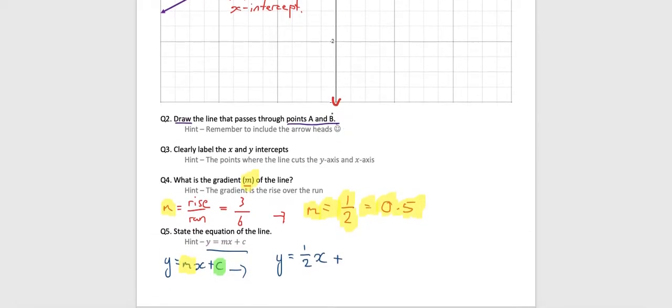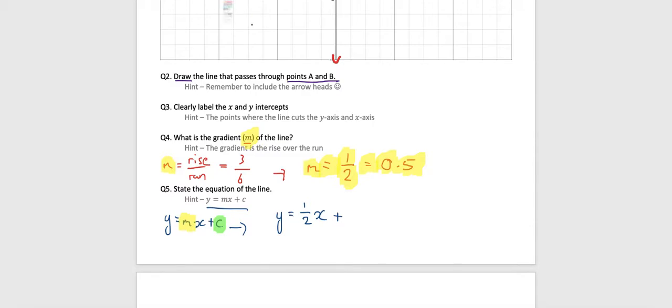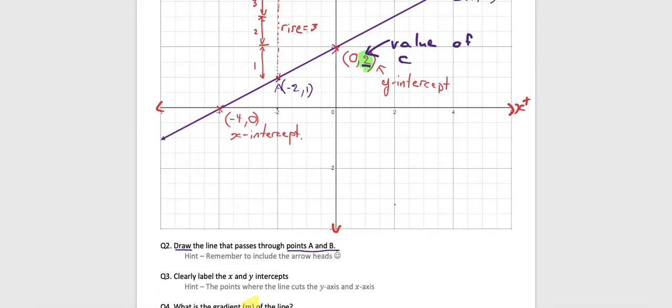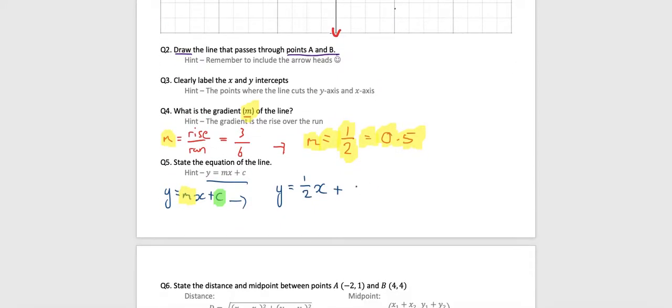Well, our value of c is going to be 2. So let's just say c equals 2. So the equation of our line is going to be y equals either half x or 0.5 x plus 2.